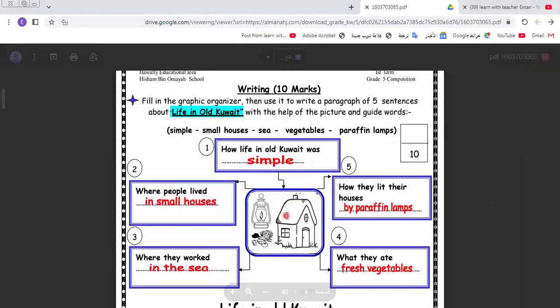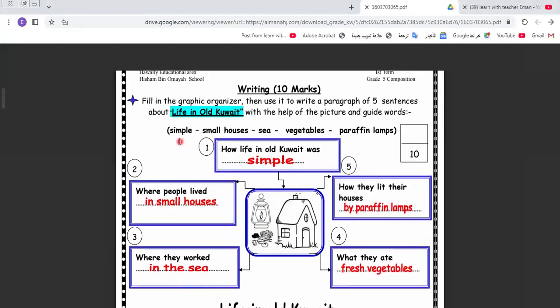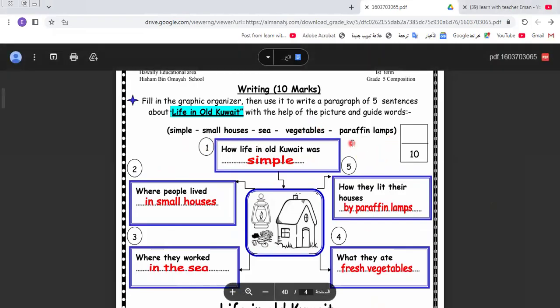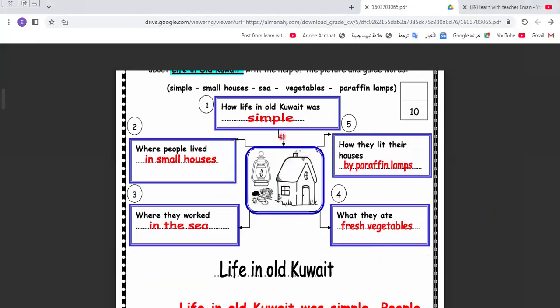Here we have some words to depend on to write the paragraph: simple, small houses, sea, vegetables, paraffin lamps. Let's make sentences from these words.